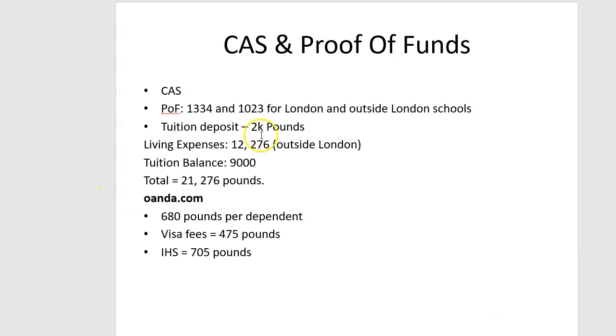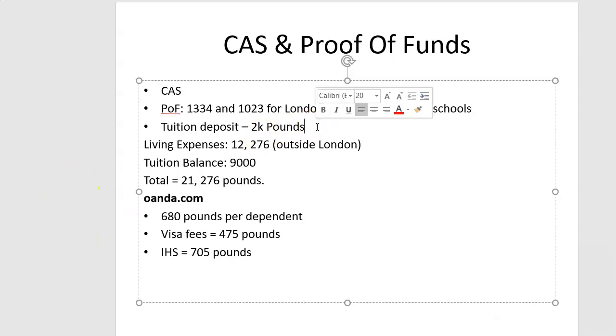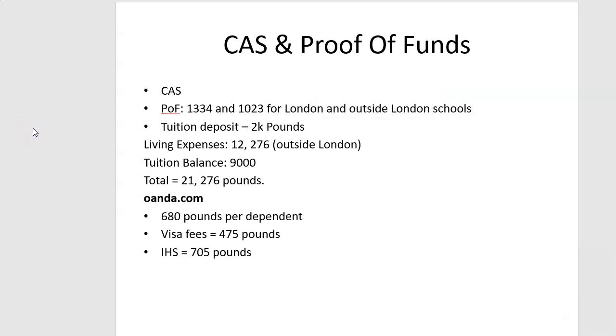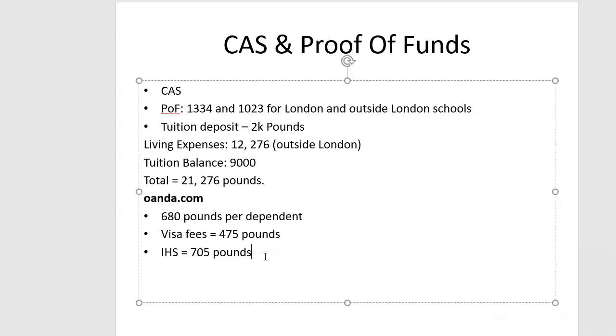Your tuition deposit is £2,000. Some schools take 4k. In fact, the University of East London takes £7,000 for tuition deposit. Let's say your whole tuition for the 1 year masters is £15,000. If you apply through Sports Travels, we get you an automatic scholarship.